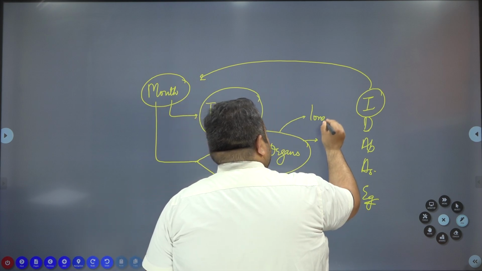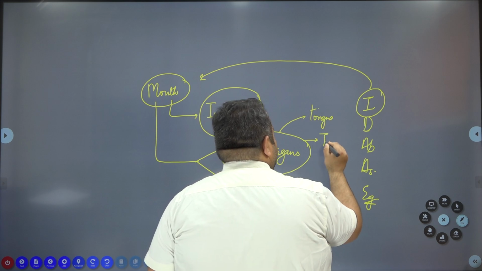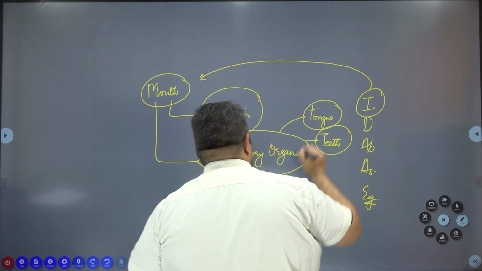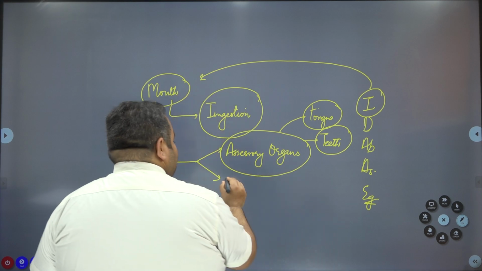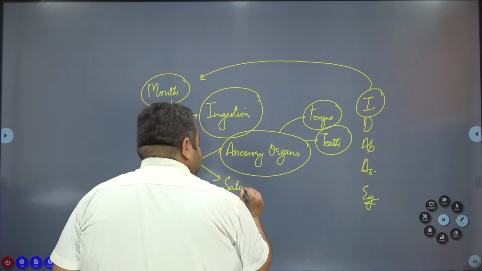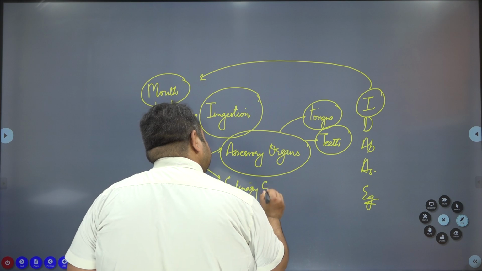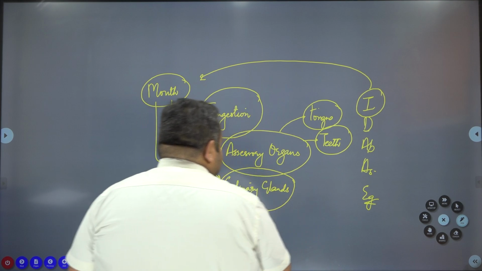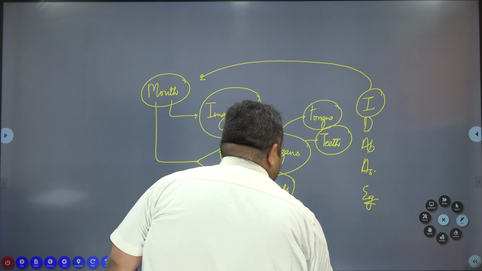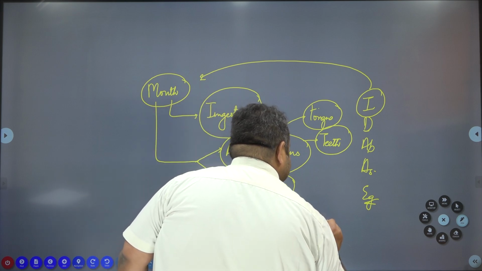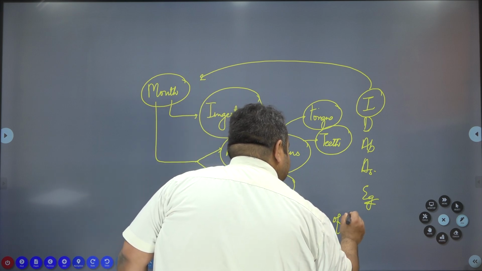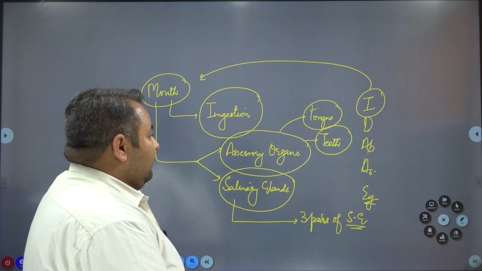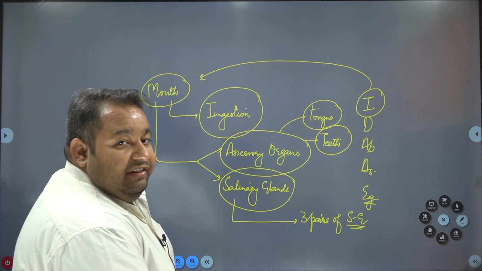First is the tongue, second are the multiple structures we call teeth, and the other are the salivary glands. Humans show 3 pairs of salivary glands that we will be discussing later. But first, let us start with the tongue.